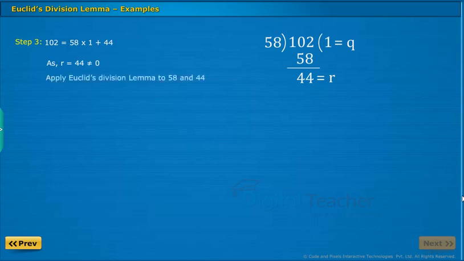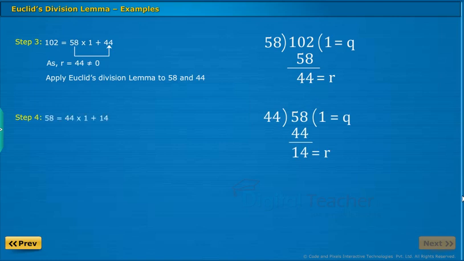Apply Euclid's division lemma to 58 and 44. Step 4. Here 58 is equal to 44 into 1 plus 14. As r equal to 14, it is not equal to 0.